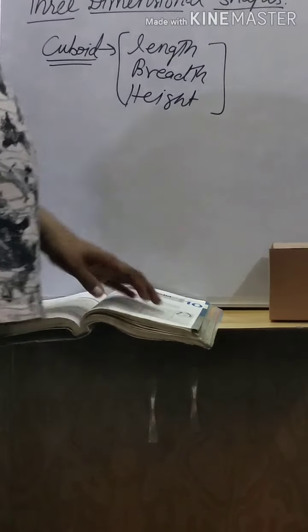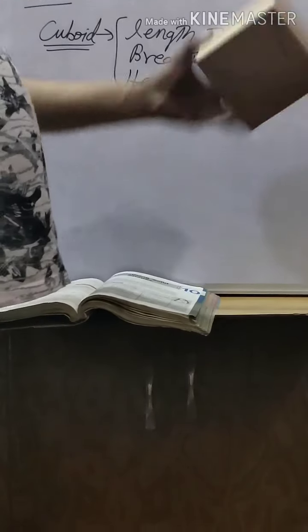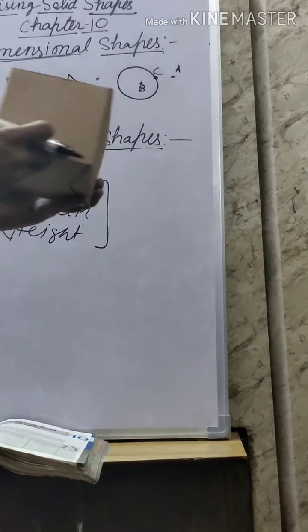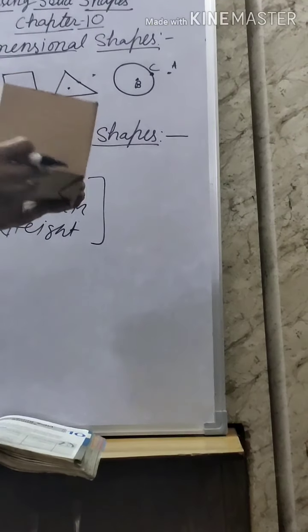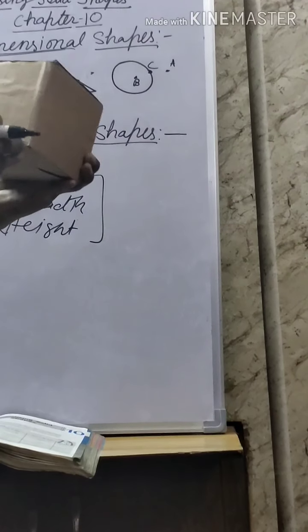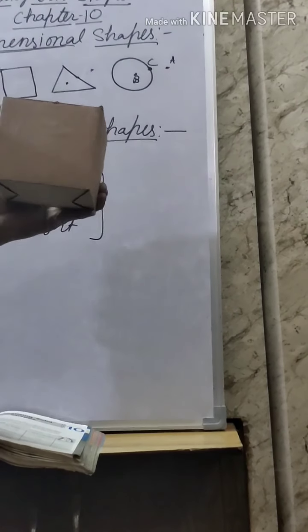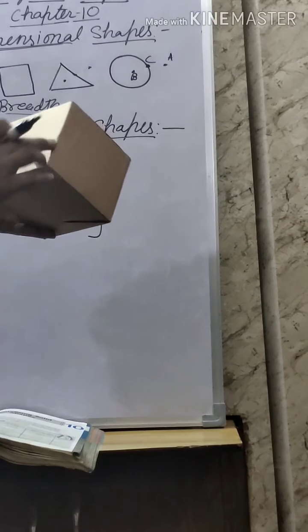So cuboid is just an example of three-dimensional objects. You can see this box here is an example of a cuboid. You see, here it is length, it is breadth, and this is height. Clear this? It is not a cube. If it were a cube, then length, breadth, and height must be equal.